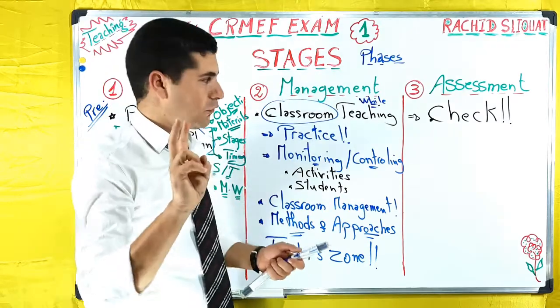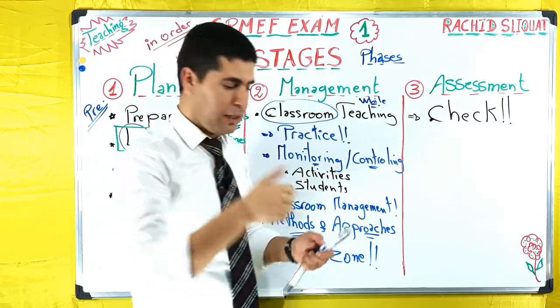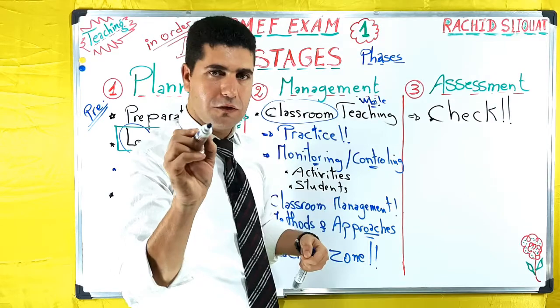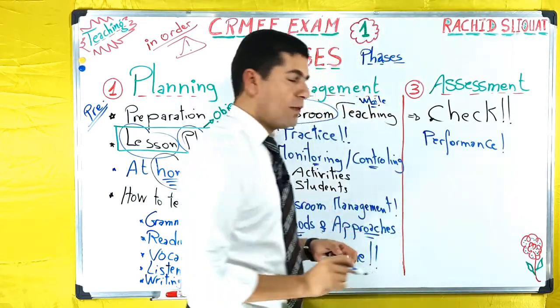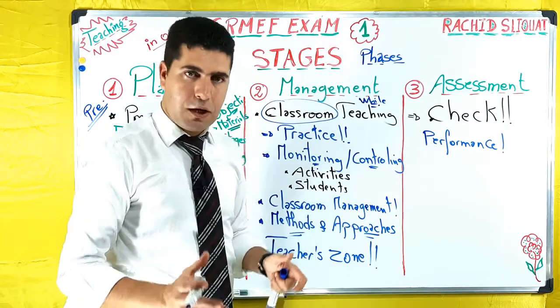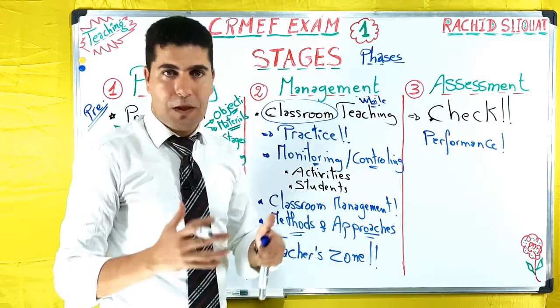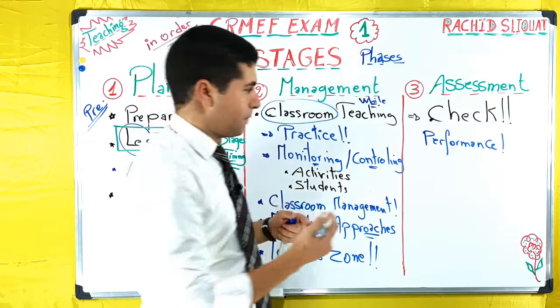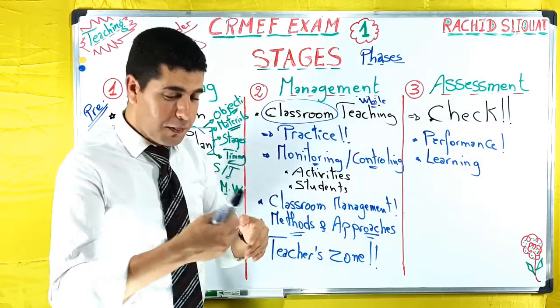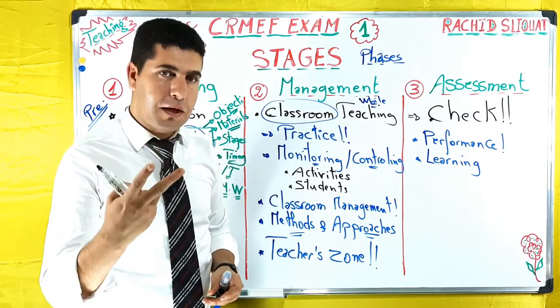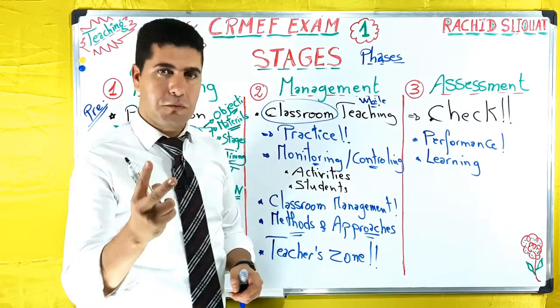For checking what? For checking two things. Number one, for checking as a teacher, your performance. And number two, for checking student learning, whether your students learned something or not. So this is why we do assessment. Another thing, in general, the teacher gives two things.